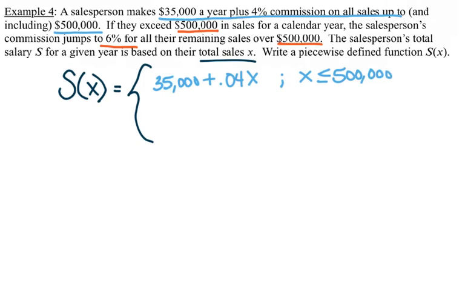If you make over 500,000, my restricted domain is definitely going to be above 500,000. If this happens, then you would make 0.06 on your commission. If you put this, you're almost there.